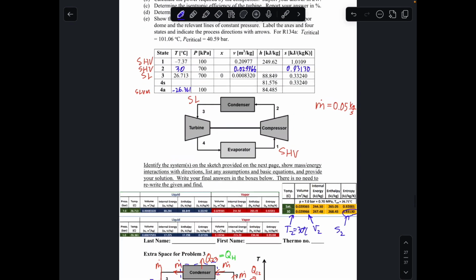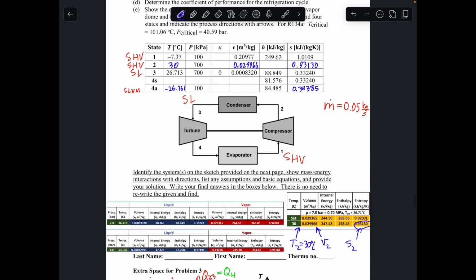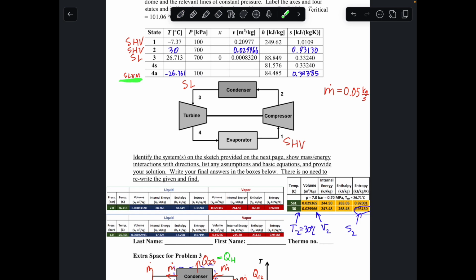I'll just write this up in the equation section. Here they usually round to 5 digits, so I'll just do the answer that I got with 5 digits, 0.34385.